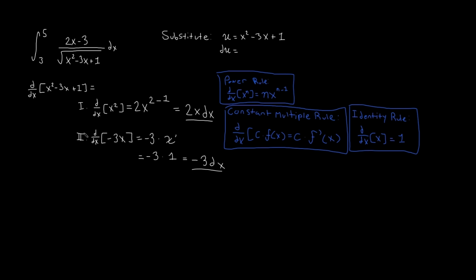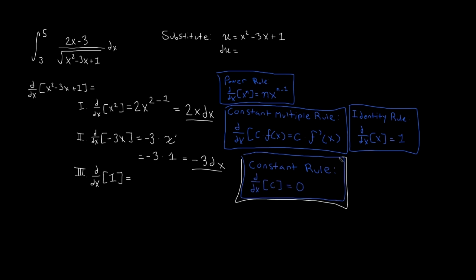Now let's work on term 3. What's the derivative of 1? Well, if you recall from earlier, we can apply the derivative constant rule. The derivative constant rule says that the derivative of any constant is always going to be 0. Since we're taking the derivative of 1, and 1 is a constant, the answer is going to be 0.